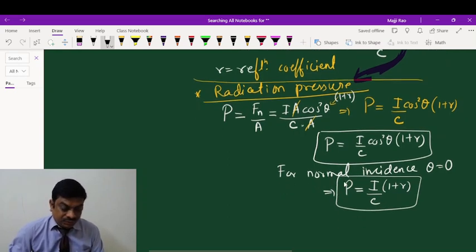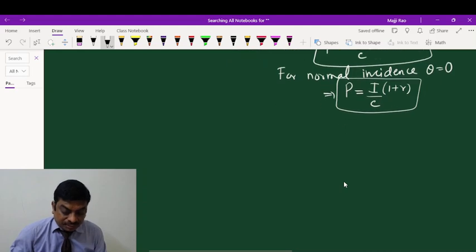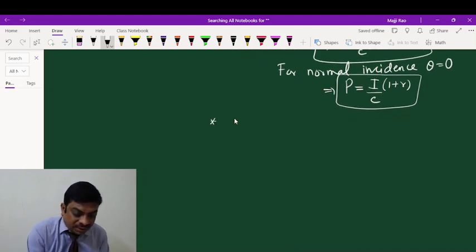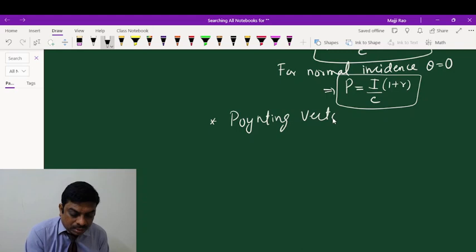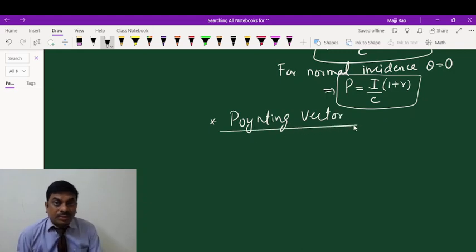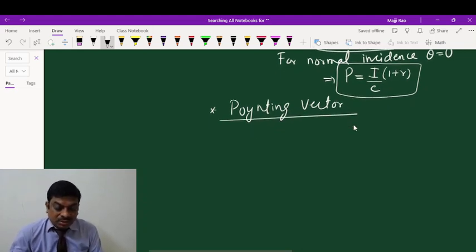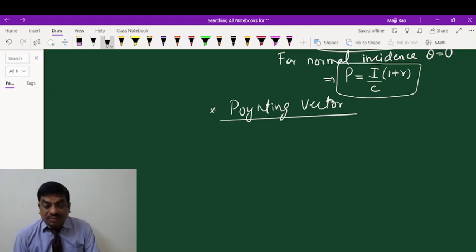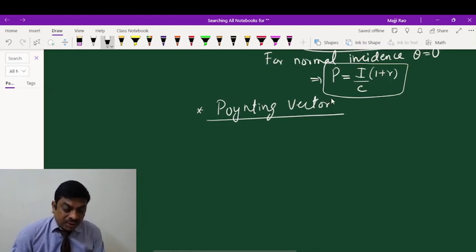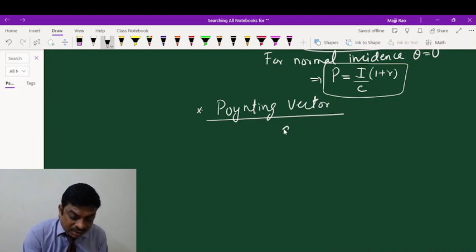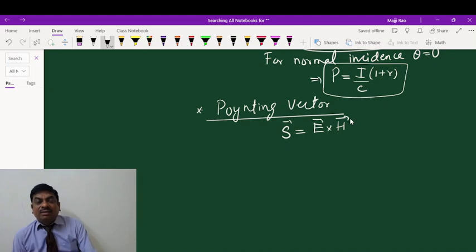Okay, students? Then, next we'll be seeing the Poynting vector. This has been named after the discoverer of this vector. The Poynting vector is denoted by vector S. It is simply the cross product of vector E and vector H of the electromagnetic wave.